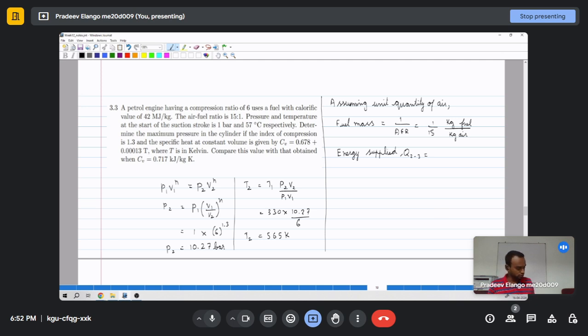So that is 42 by 15 megajoule per kilogram of air. That is 2.8 megajoules per kilogram of air.